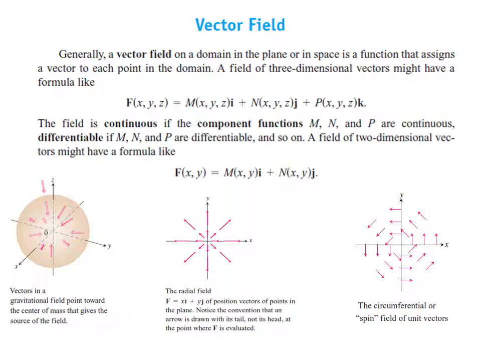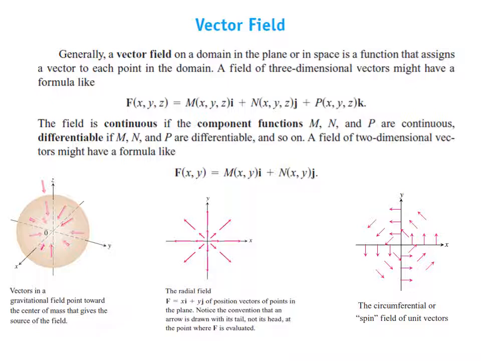The vector field f is continuous if the components m, n, p are continuous, and the vector field function is differentiable if the components m, n and p are differentiable functions. Similarly, a two-dimensional vector field can be written as f of x comma y is equal to m of x comma y into i cap plus n of x comma y into j cap.